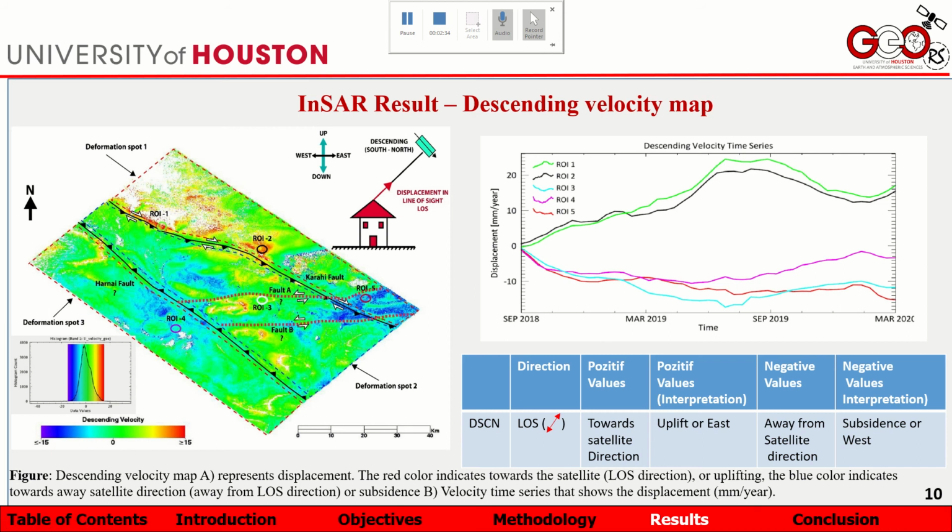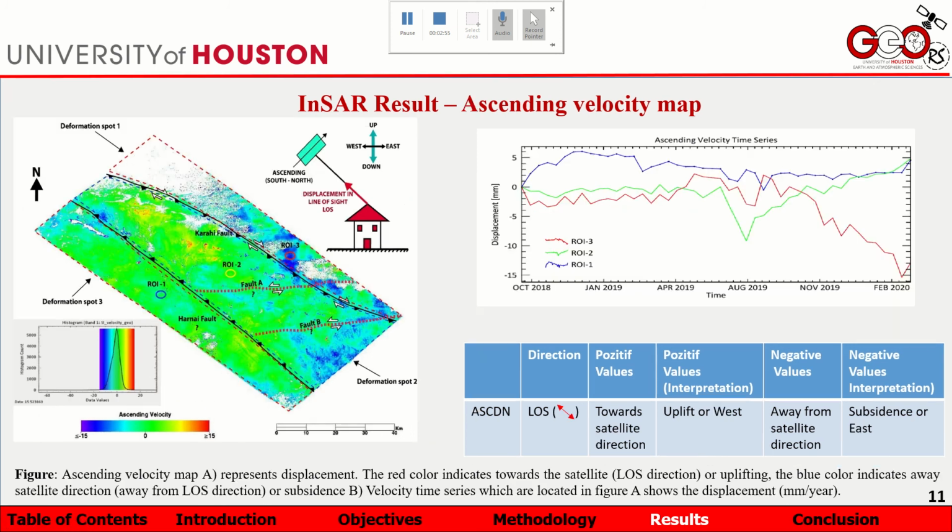So this is my InSAR result, the descending velocity map. In the descending velocity map, the red color shows movement towards the satellite. If we divide my study area into three, deformation spot 1, spot 2, spot 3, deformation spot 1 is usually a red color, which means the direction is towards the satellite.